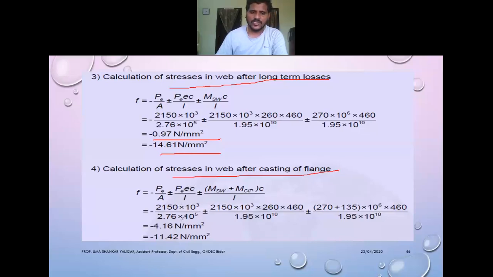If you substitute all these values, the stress at the top is equal to minus 4.16 Newton per mm square. Stress at the bottom is equal to minus 11.42 Newton per mm square. In this way you can calculate stresses at the top and bottom in the web after the casting of the flange, or the cast in portion.